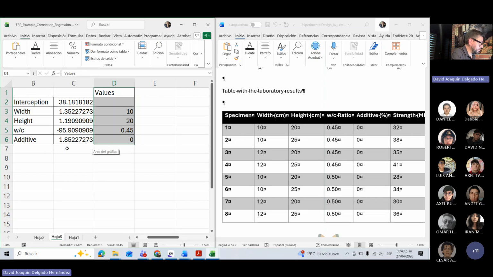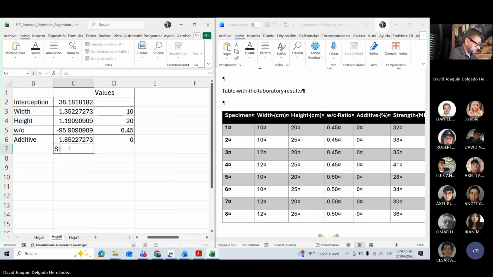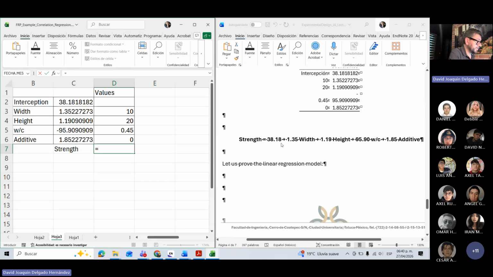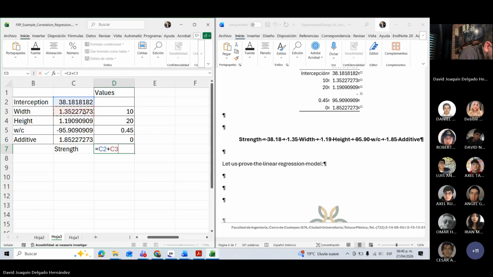So here the strength will be, according to the formula, the regression model, this value plus this coefficient times this width plus this coefficient times this height plus this coefficient. Sorry, here is minus, okay?